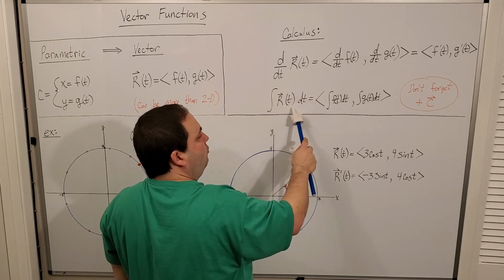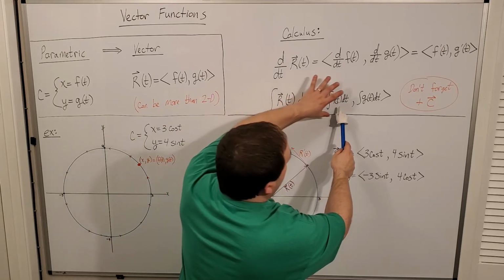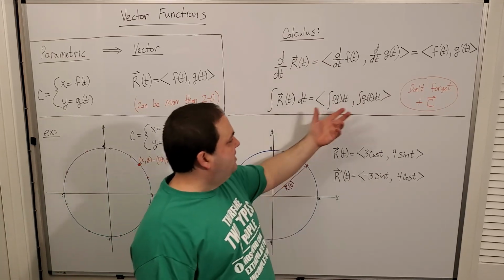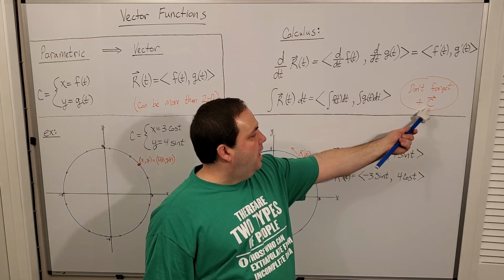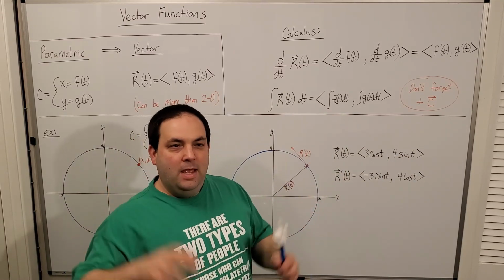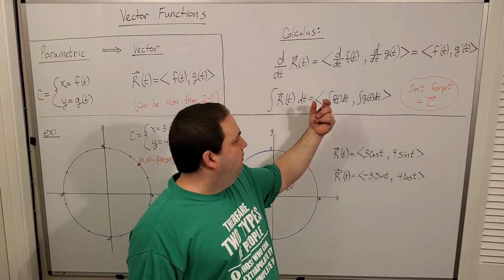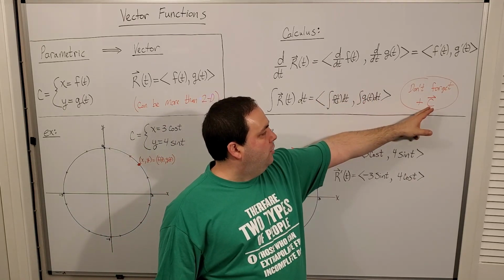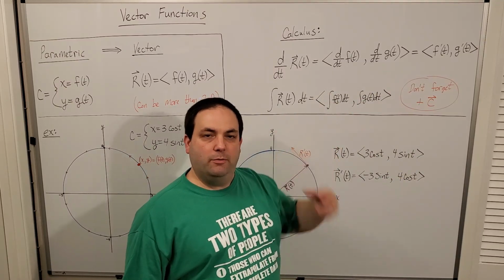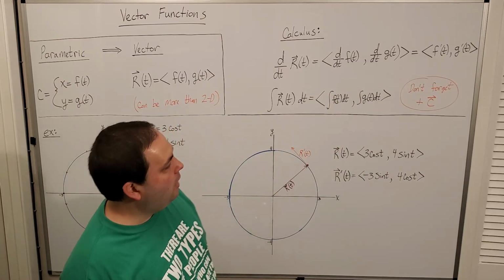If I want to do an integral of a vector function, I'm really just doing the antiderivative of the individual components. If it's an indefinite integral, of course, you will have a constant vector, right? That's your plus c, but it needs to be a vector because both the x component and the y component are going to have different c values that can come in from your integration, okay?